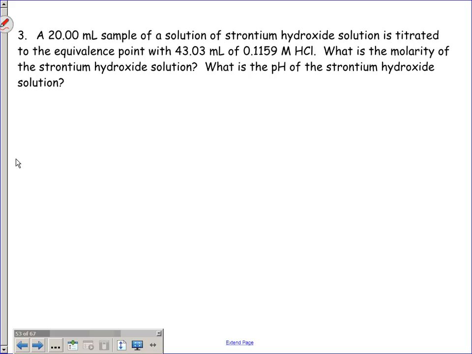So if bases have 2 hydroxides, and then you can plug in.